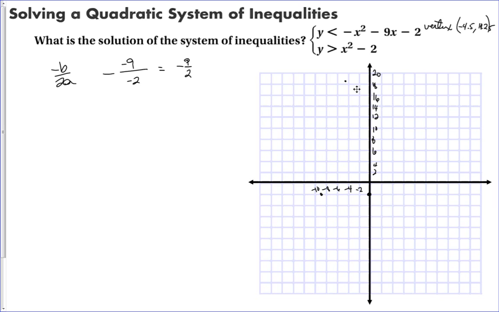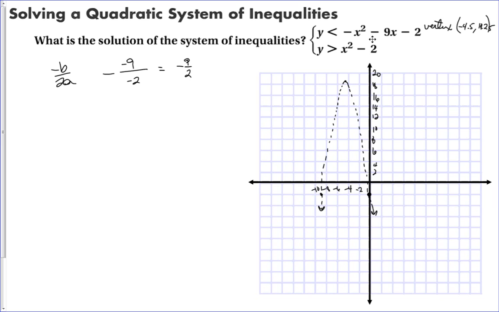So our first graph is dashed because there's no equal to bar, and it's going to look like this. And since it's less than, it's going to be everything shaded below it. So everything inside here is going to be shaded.